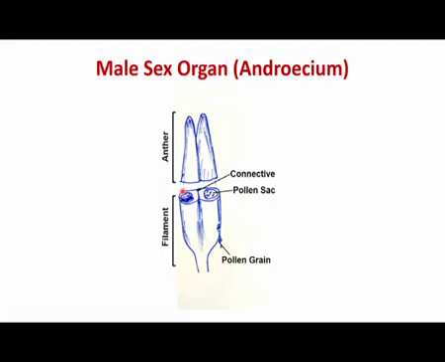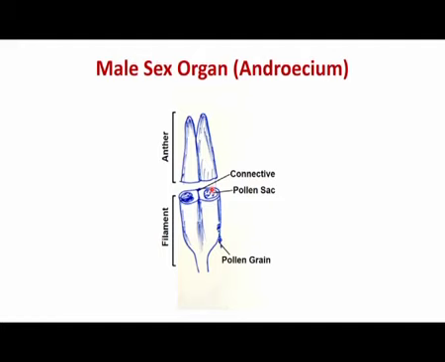The development of the male sex organ, or the anther, has multiple steps. In step 1, you first develop the cavity where the pollen grains are going to be developed. That is called the development of the pollen sac, the pocket where the pollen grains are developed and stored.